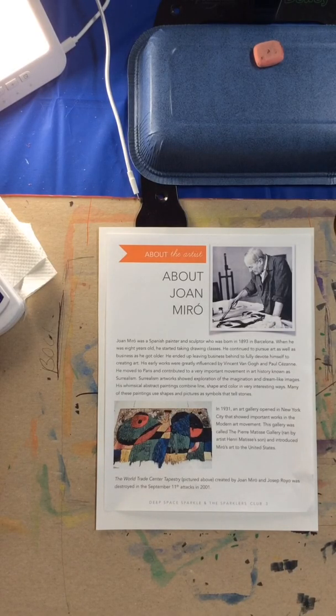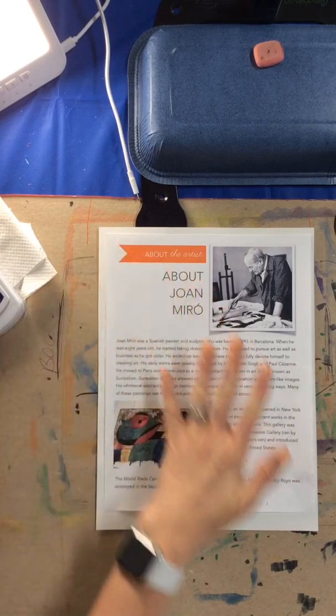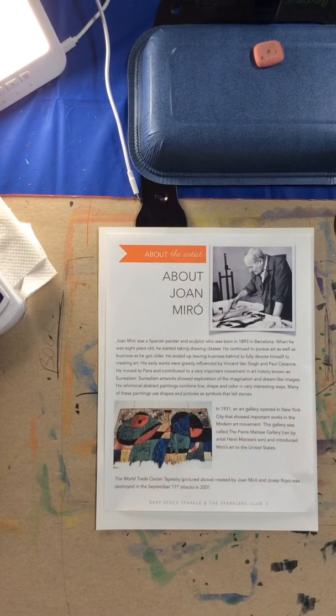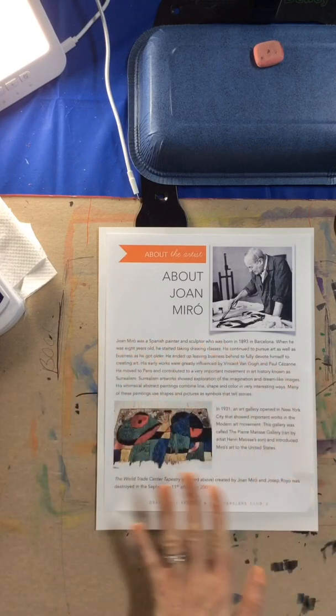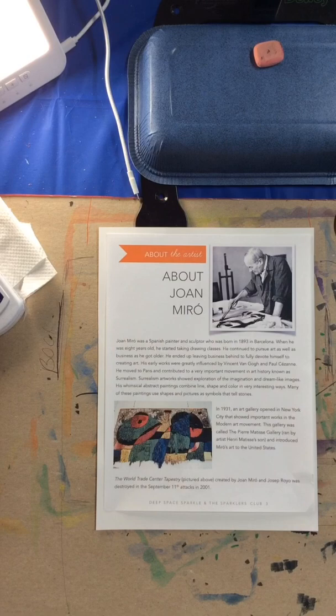All right, boys and girls. Now, this is about the artist page, and I'm going to let you read through this on your own, and you will be able to fill out art history page number 2 in your art packet. And if you don't feel like you get the information you need from this, you can always go on to Wikipedia with an adult and have them help you find some more information out about Joan Miro.